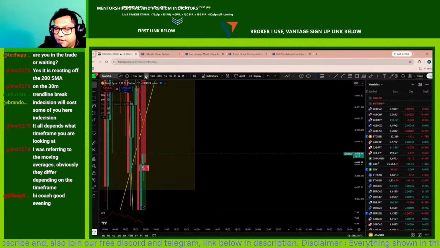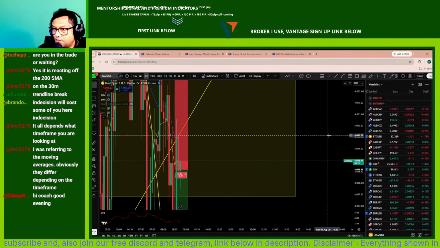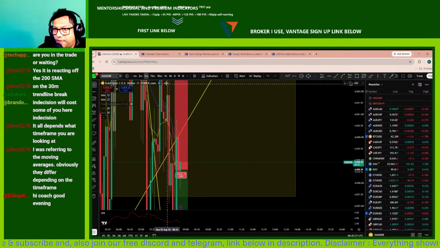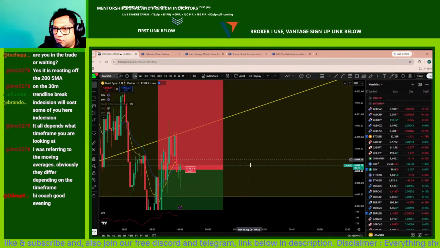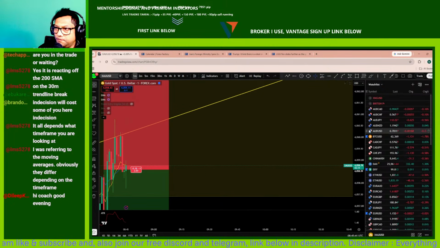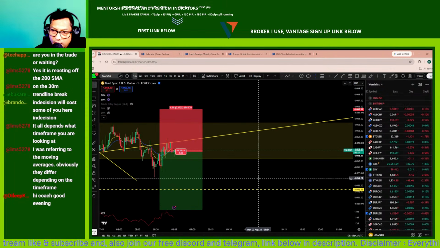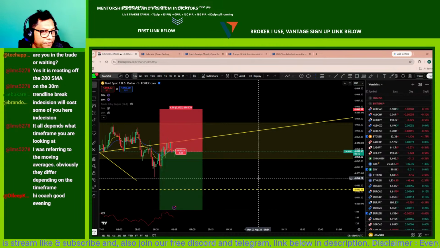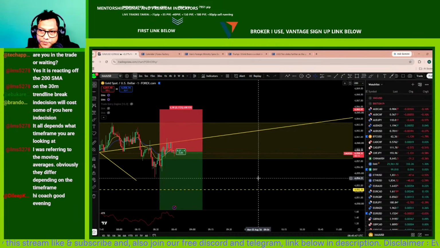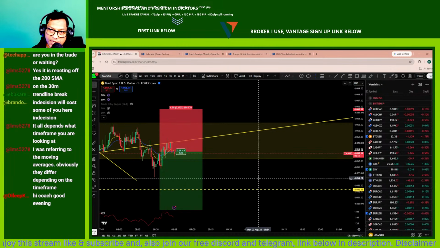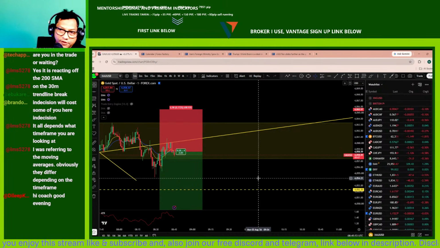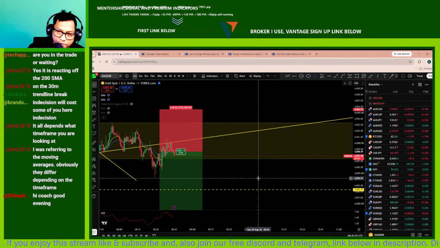Okay, and changing the time frame to see the overall direction. Okay, now we can see the price action is still showing that there is a possibility for a bearish move back below here in this area.